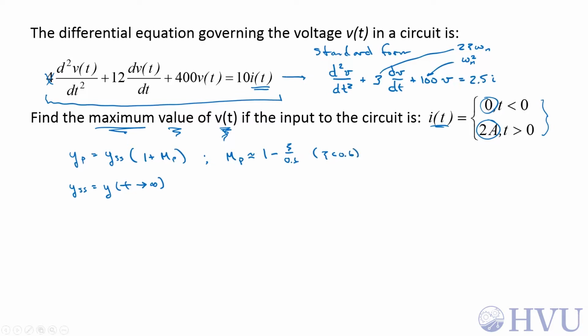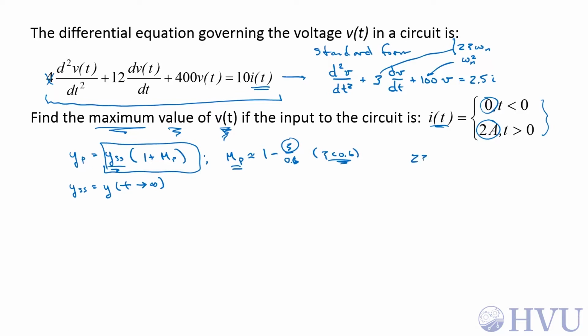There's an exact version of this if I don't want to use that approximation, but this will probably be close enough for me, depending on what zeta turns out to be. So first we need to find the damping ratio zeta, calculate an M sub p, calculate the steady state response, and then plug everything into this equation.